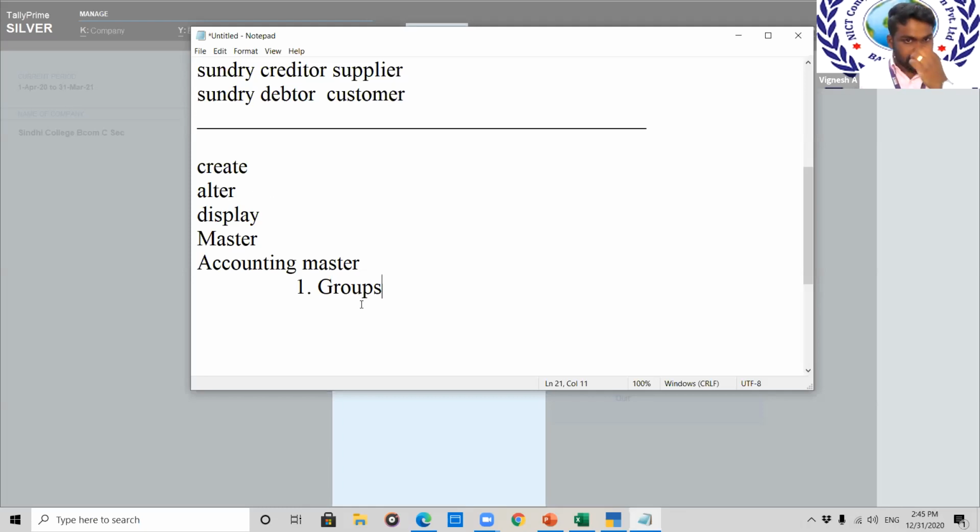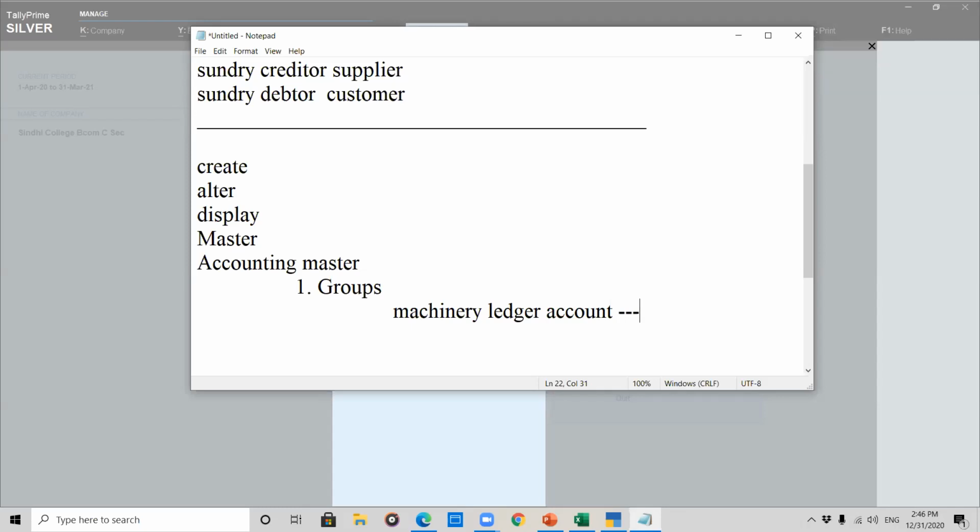What Tally tells us about groups, as I told you, now I'll differentiate. As an example I've given on the top, this machinery is an account, in the sense, a ledger account. And this machinery is grouped under what? Balance sheet. Group, I didn't ask you about the report.